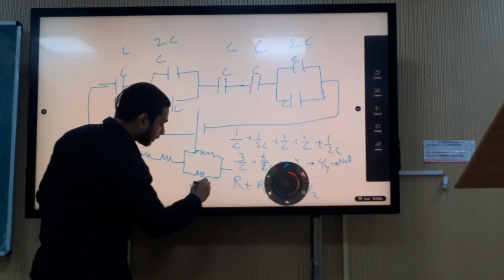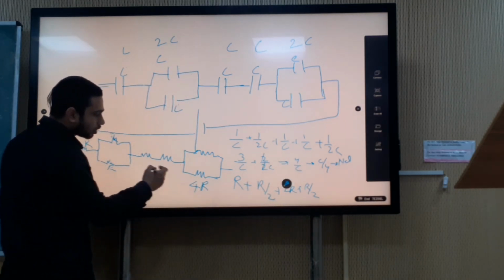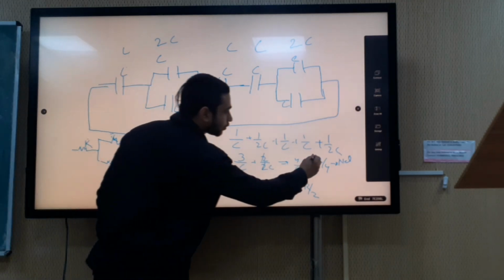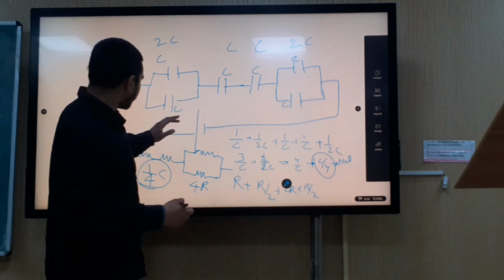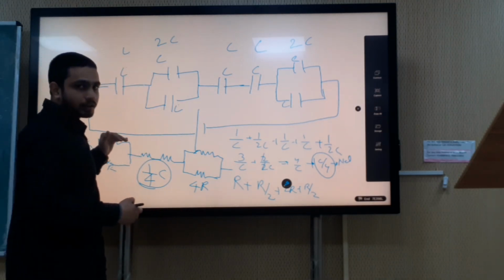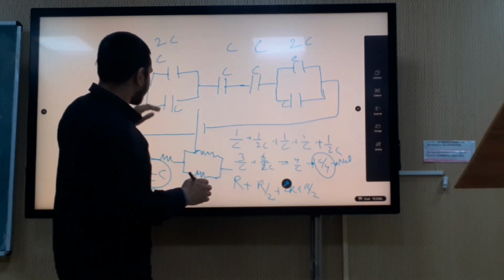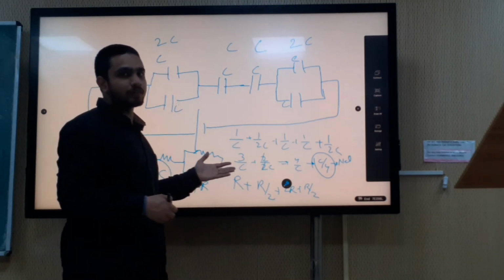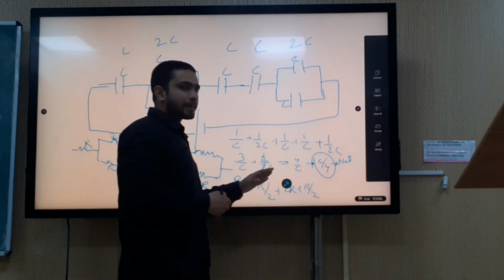The net resistance came out to be 4R. I told you that we have to invert that, so 1 by 4 into C, or C by 4. So C by 4 here, C by 4 there. Hence proved: we land on the correct answer if we convert the capacitance to resistance and invert that answer. This is a short trick we can remember for solving capacitor questions.